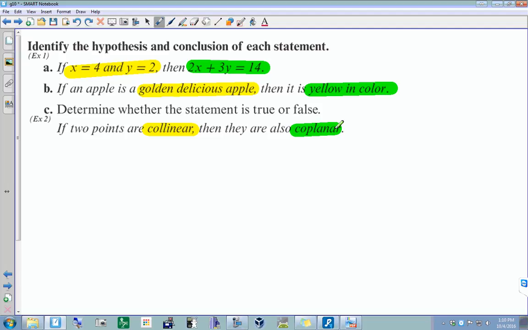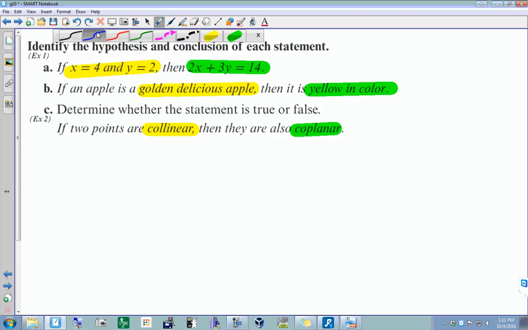So this is saying that if 2 points are on the same line, then they are also on the same plane. Is this true or false? You sure? Why do you say false? Because I questioned true?